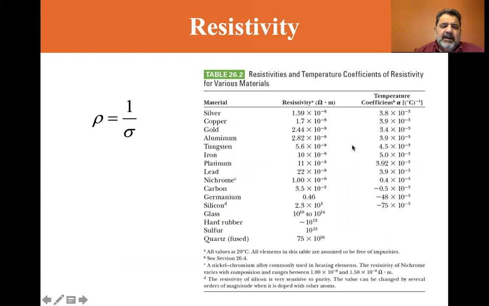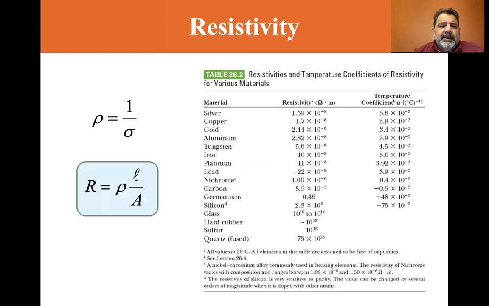Resistivity. The resistivity is equal to the reciprocal of conductivity. So rho is equal to 1 over sigma, and the resistance is equal to the resistivity times the length divided by the area.